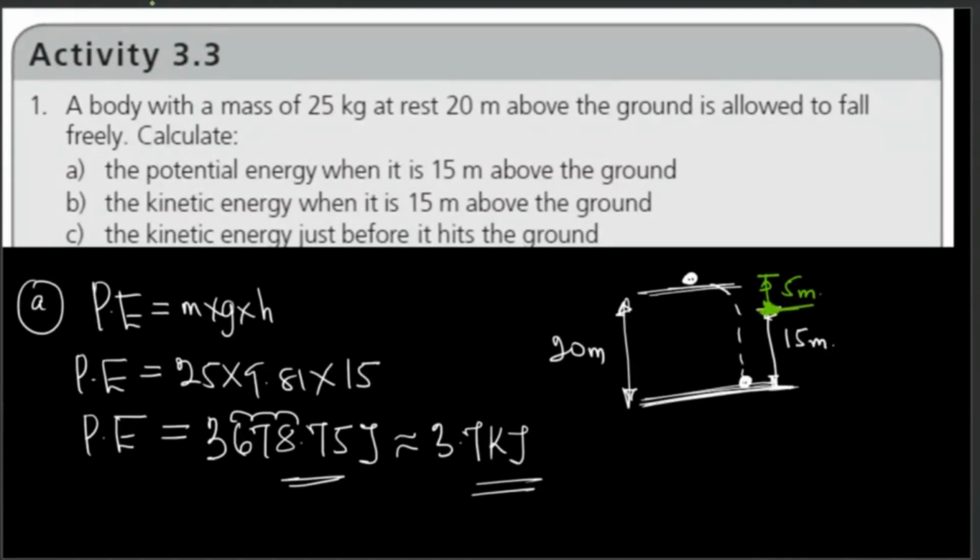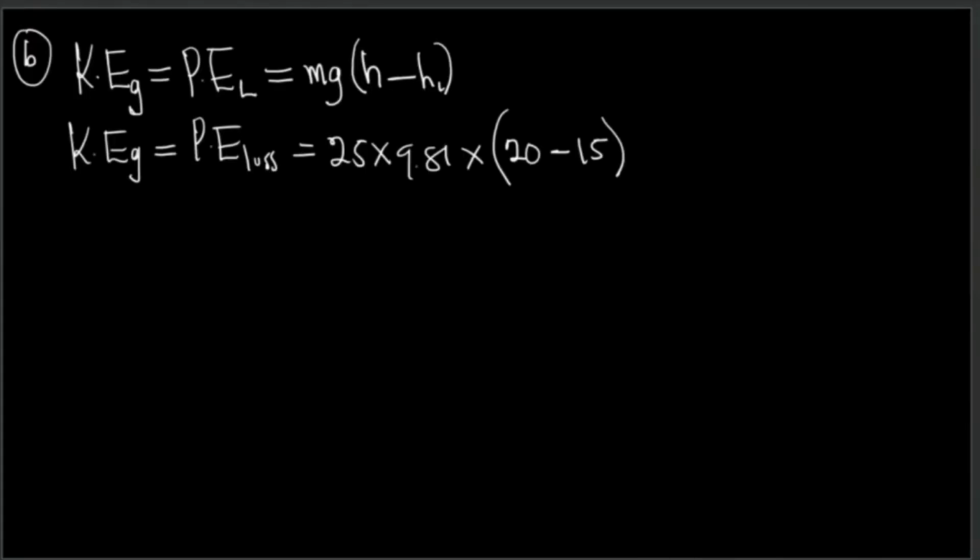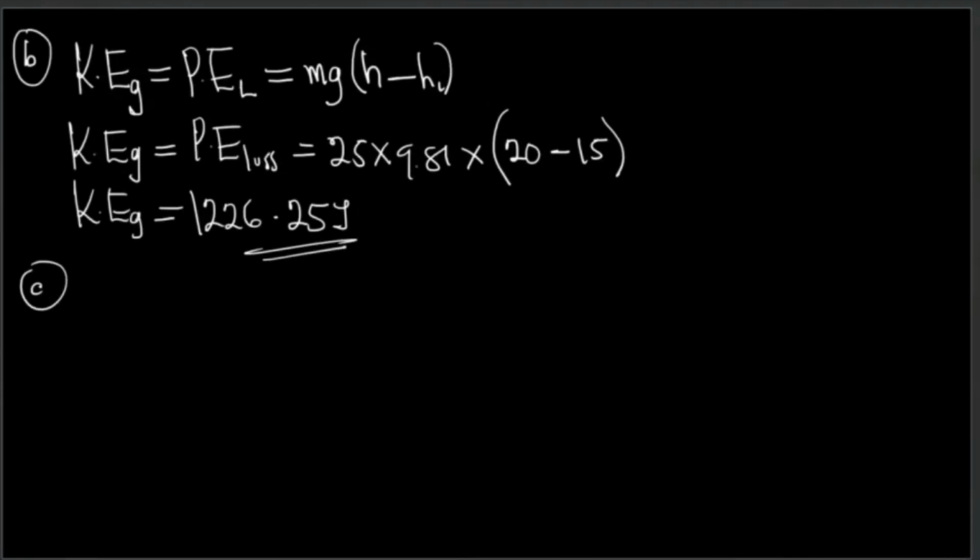Kinetic energy at this point. So this will give you what? Kinetic energy is 1 what? 122.25 joules.